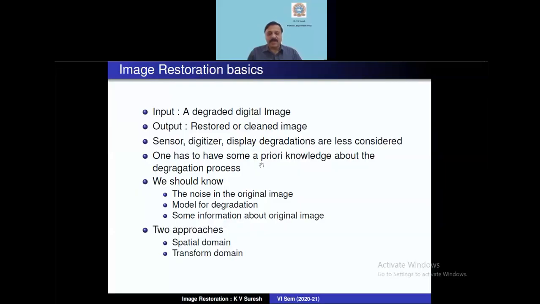I repeat again, is it a traffic surveillance image where the camera is kept at a particular distance and the vehicle is moving, because of which there could be some motion blur? Not only that, the image may be captured when there is a lot of rain at that particular point of time. So depending on that, we can model the problem. So prior knowledge about the degradation process is important.